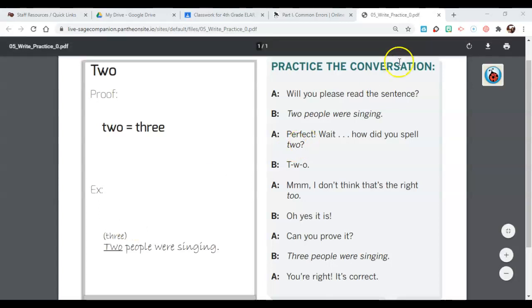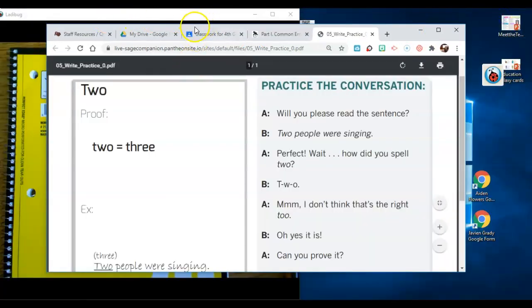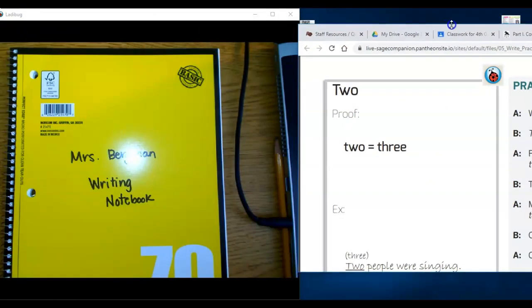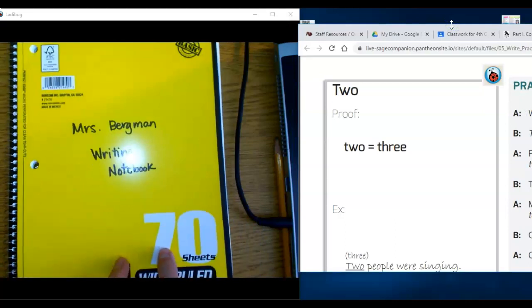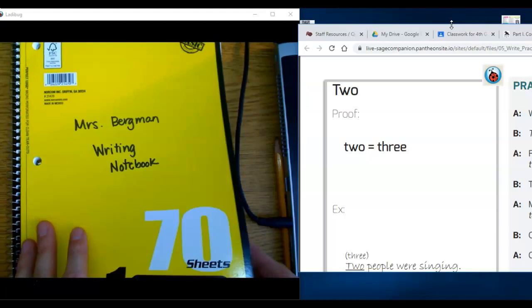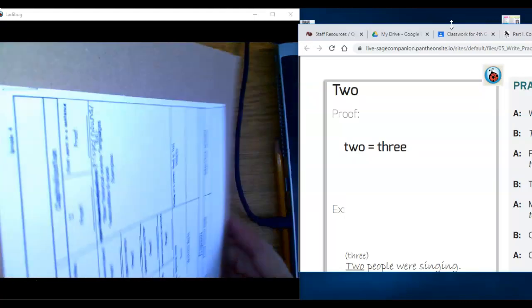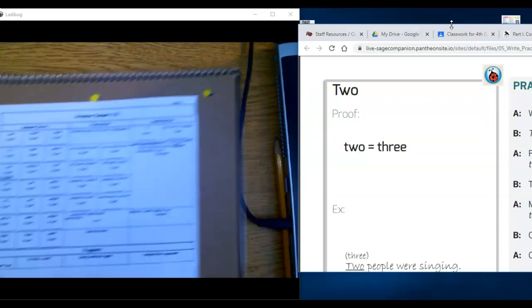All right, so now we need to put it in our writing notebook. Let me minimize this again and jump over to the writer's notebook. Okay, in our writing notebook, again, if you were able to print out that tracking sheet, wonderful. That was going to go on the inside back flap. If not, that is okay.